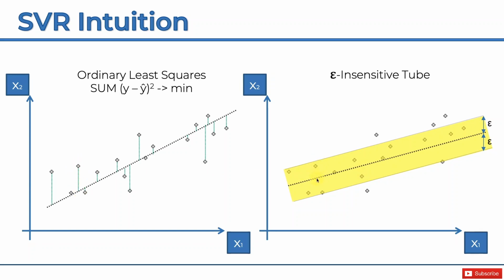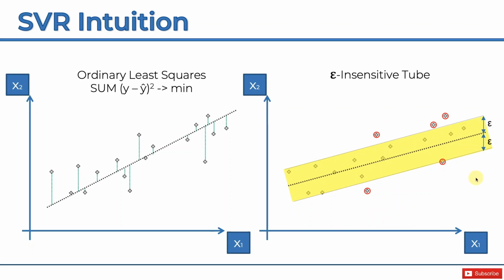Here, we don't care about this error because it falls within this epsilon-insensitive tube. So we're disregarding any kind of errors in here. And that's kind of the key behind support vector regression. It gives a little bit of buffer to our model. And at the same time, we have points that are outside the epsilon-insensitive tube. There they are.